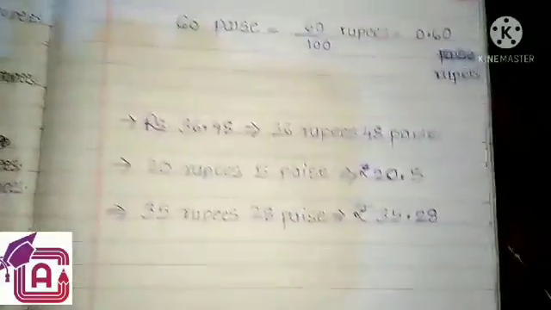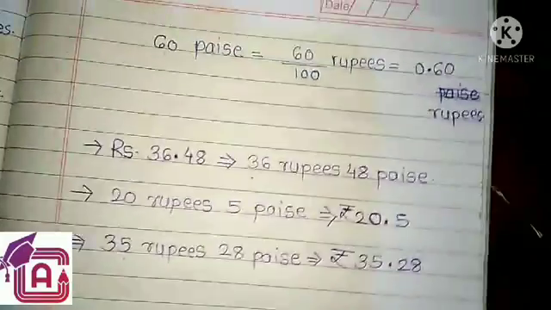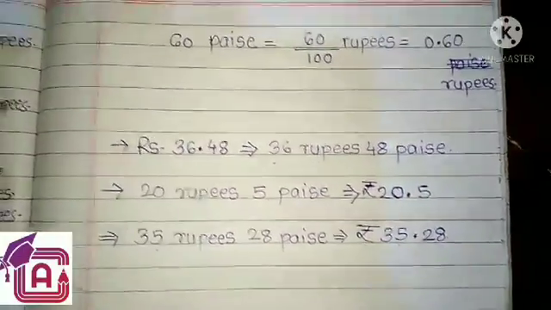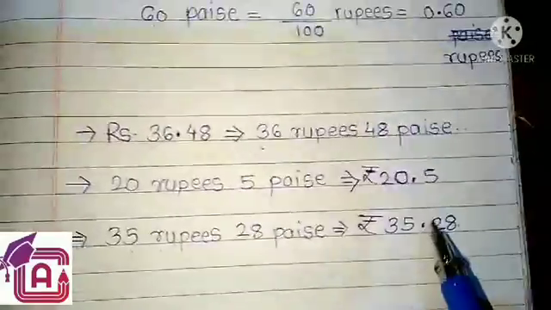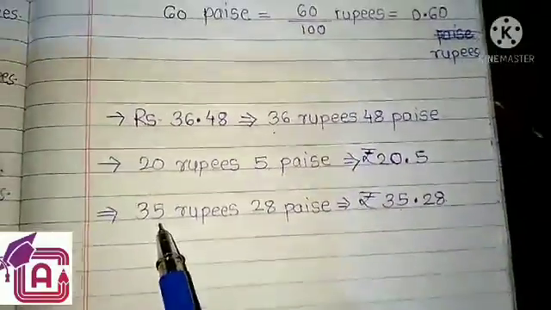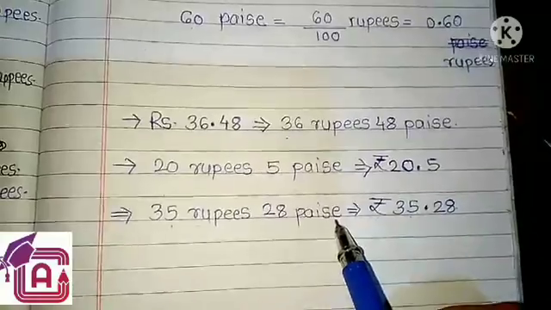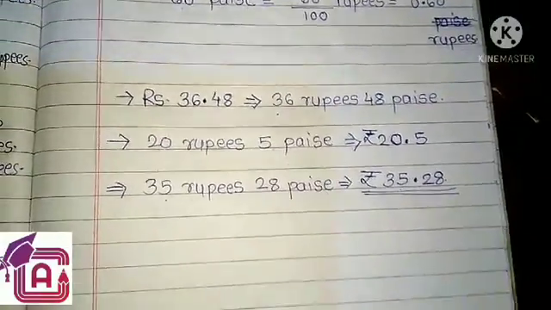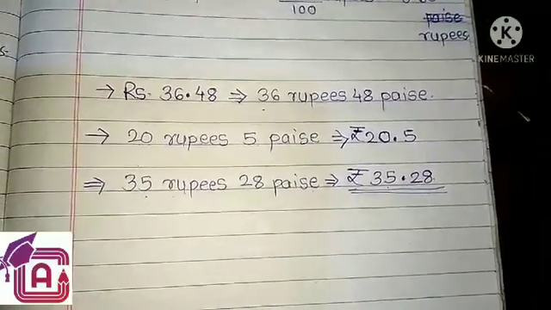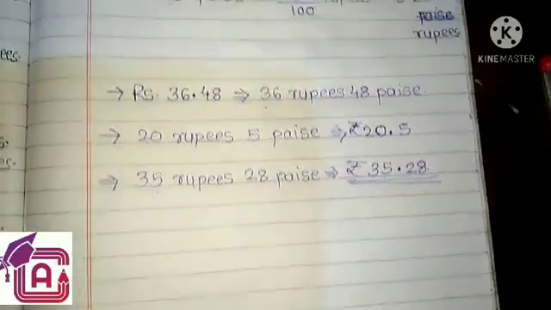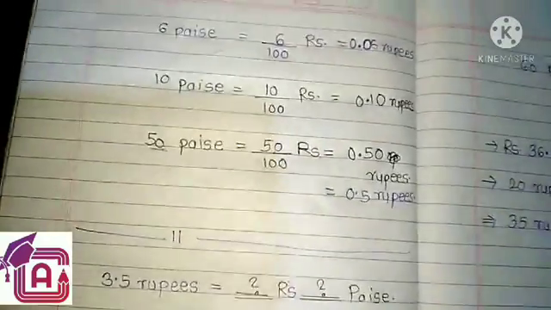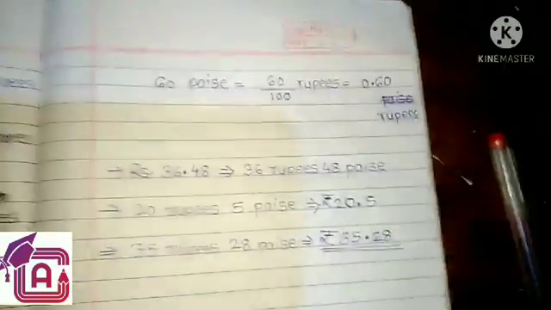This is the conversion of rupees into paise, paise into rupees, and the use of a decimal point. Look at this. Instead of writing this long amount, you can write it in a simple way with the help of a decimal point. So these are the different ways of using the decimal point in our currency.